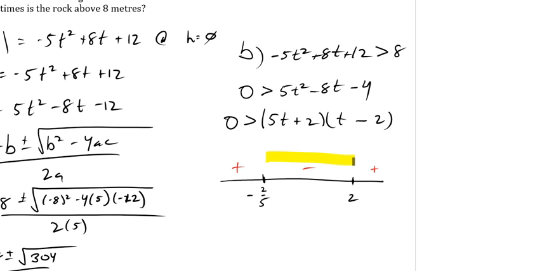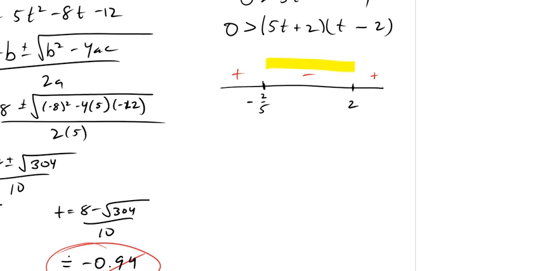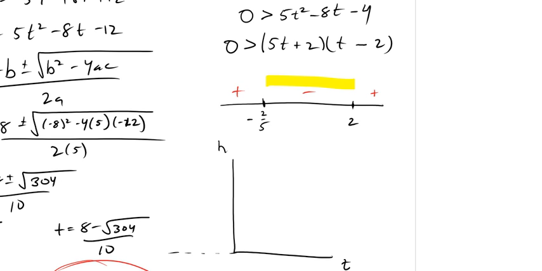So what's our answer here? I'm going to graph this and just let's think about this. So there's H, there's T. What does my graph look like? That was terrible, but anyway, you get the picture.